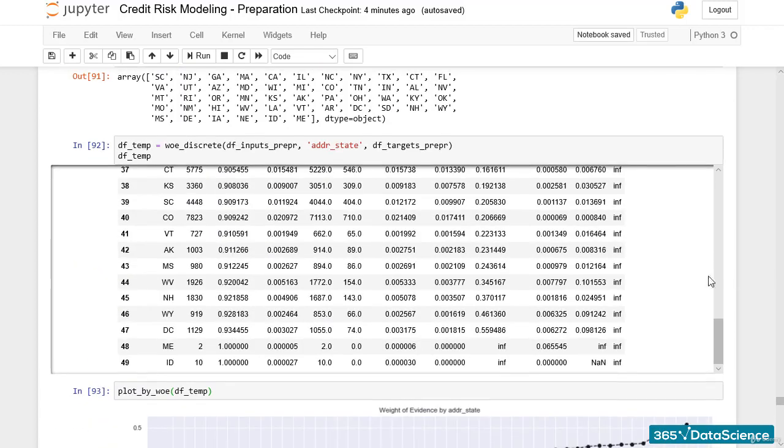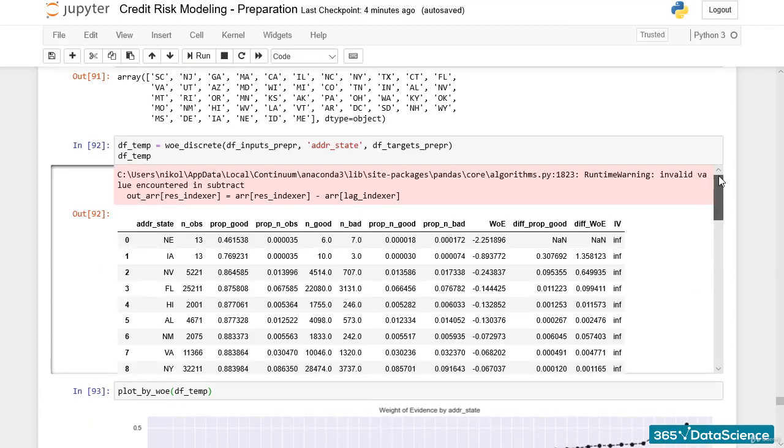However, we can see from the results table that Nevada also has a very low number of observations, or borrowers. From the following 3 states, Florida has a number of observations that make it suitable for both keeping it in a separate category or putting it in one category with other states. Therefore, let's combine Nevada with the following 3 states.